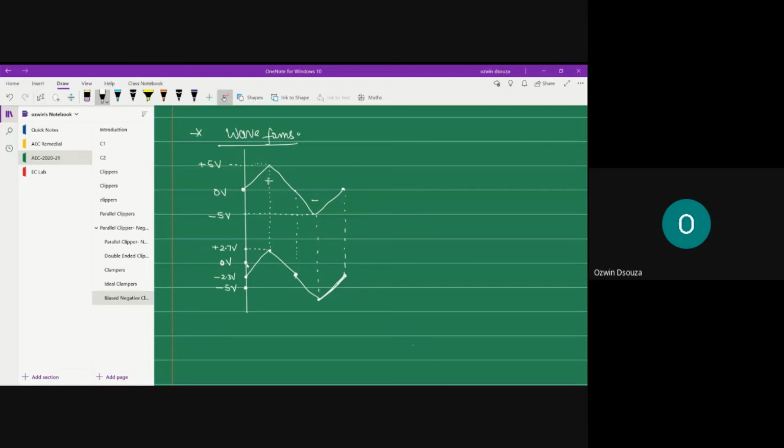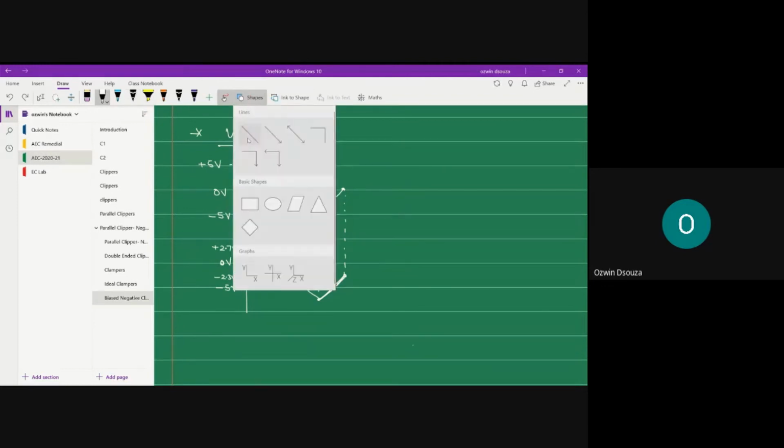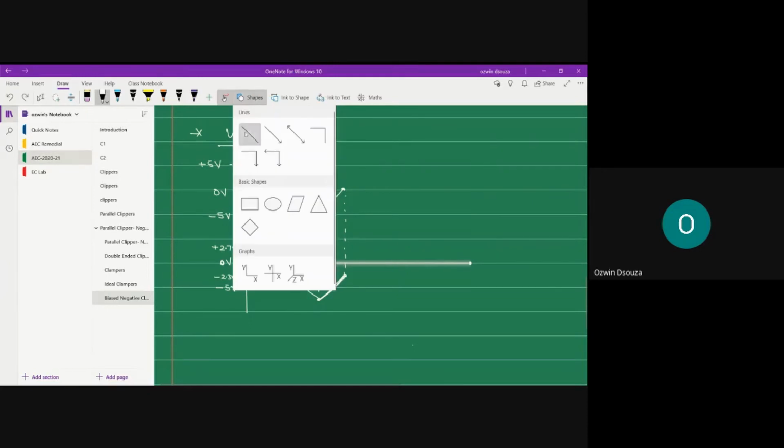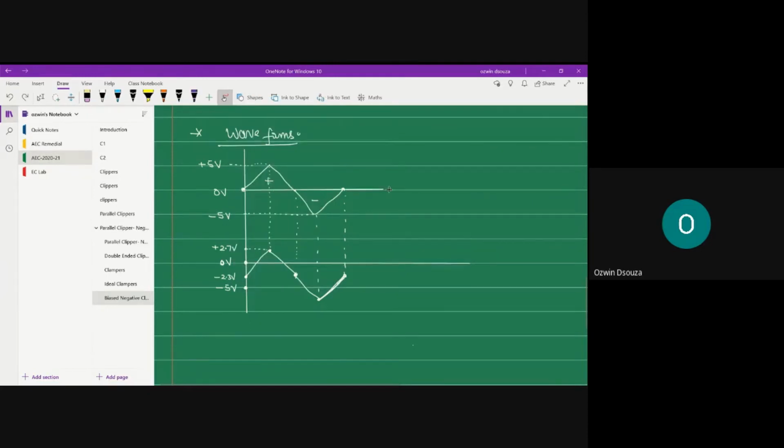So this is your 0 reference, and T is on the time axis. So this is your input and this is your output.